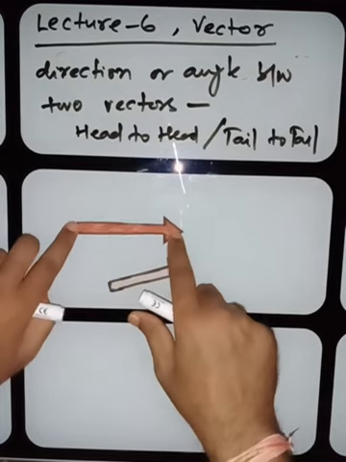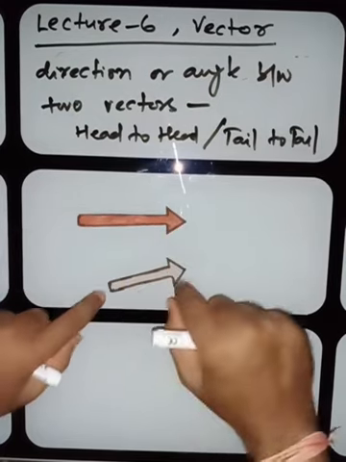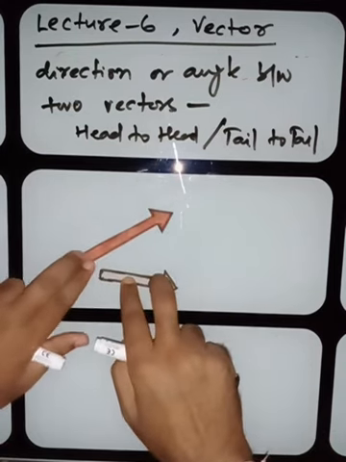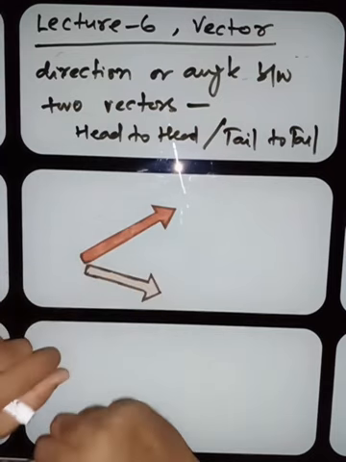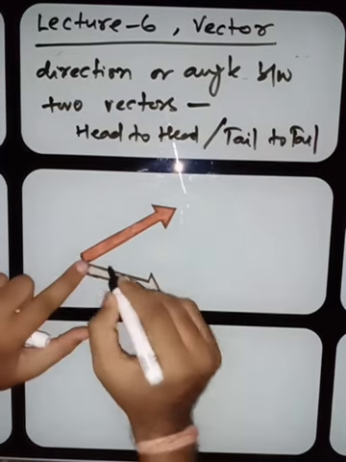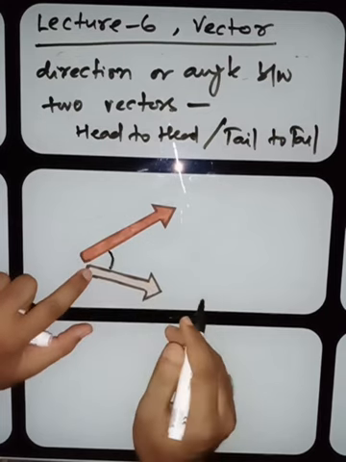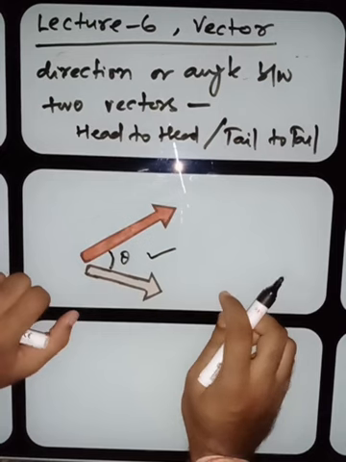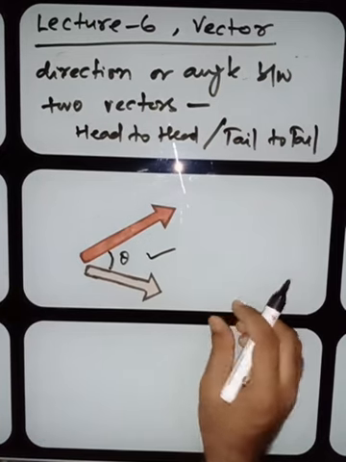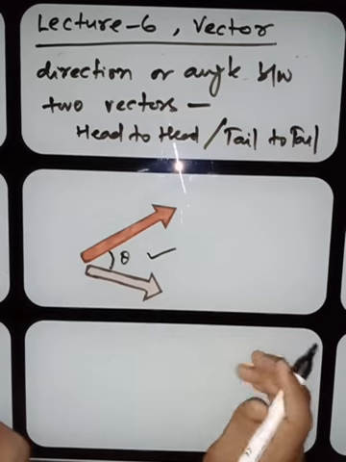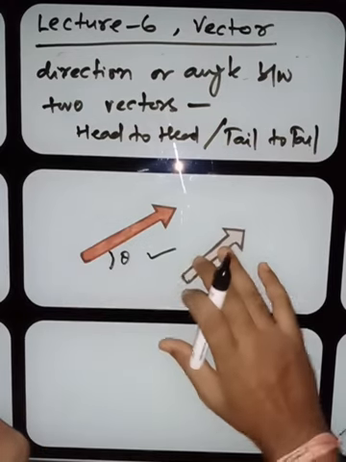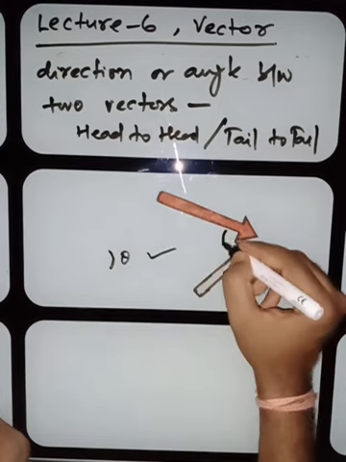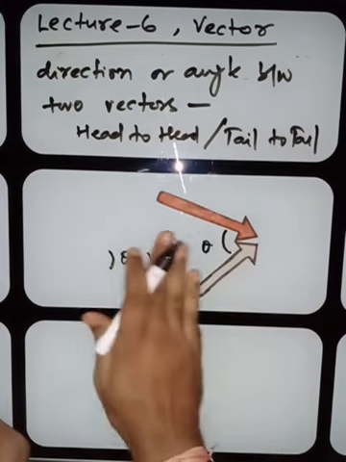If you are going to find the angle between this vector and this vector, and these two vectors are inclined in this way, you can see here the angle between these two vectors. This is theta and it is correct. So kindly make the diagram. This is correct. If you make it in this way, and this is theta, this is also correct.